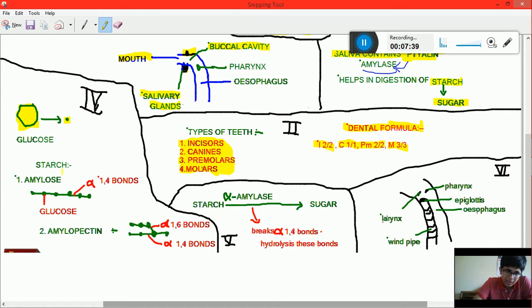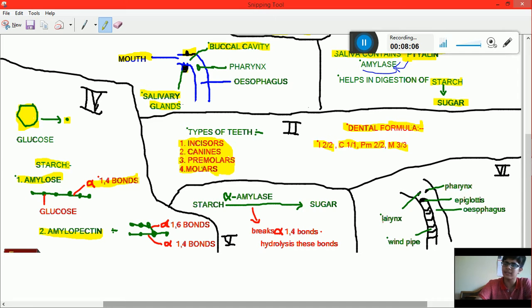Basically, starch that we take from outer sources is of two types: one is a simple form and one is a complex form. They are amylose and amylopectin. Amylose is the simple form and amylopectin is the complex form. In amylose, each glucose unit is connected to the others with the help of alpha 1,4 bonds.